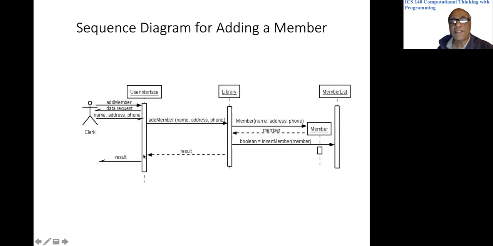Because if you pass the member object back, you can examine that and display information from the member object, things like the ID. And the clerk can see the information that was stored.